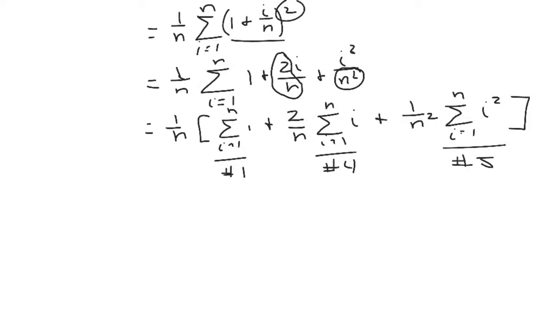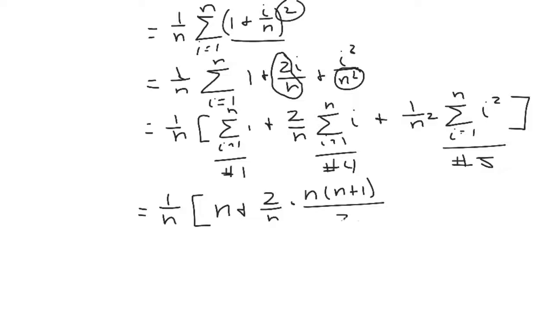So let's do that. This equals 1 over n times n, right? 1 times n, or just n. This one is 2 over n times n times n plus 1 over 2.